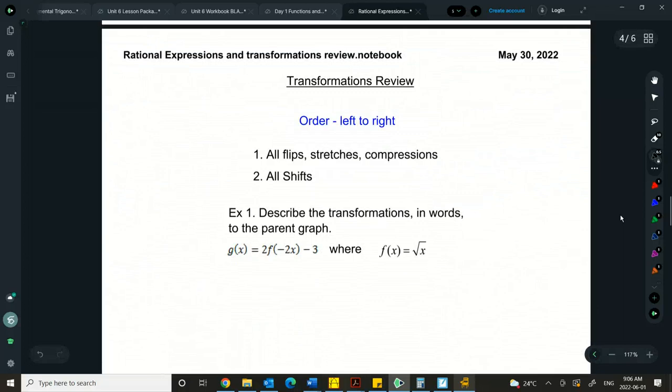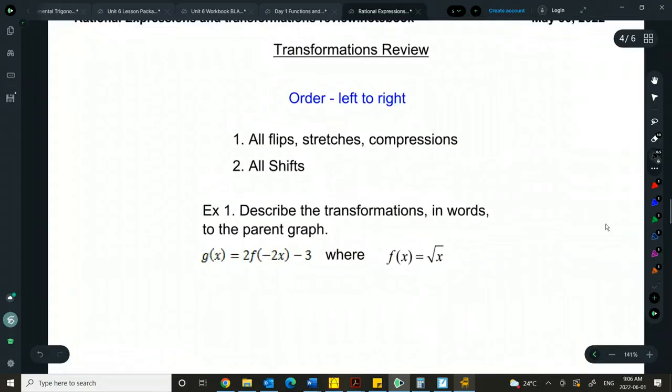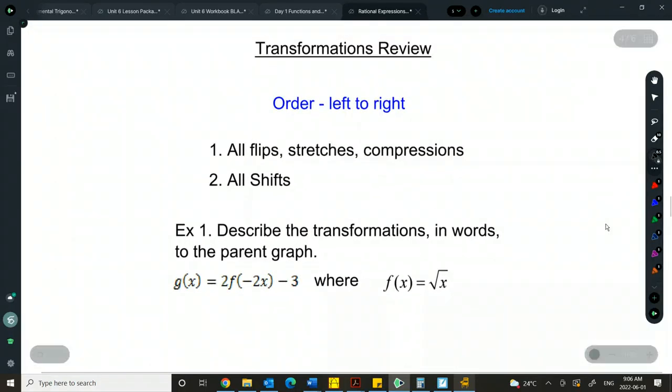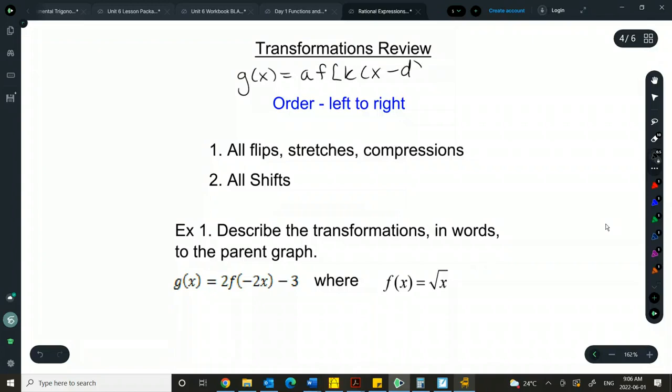Okay, and there is a specific order that we want to make sure that we do transformations in. We talked about in class that if I just go left to right with the transformations A, K, D, and then C, it will actually take care of the order of transformations for me. So we'll go A, and then K, and then we'll do the D and C transformations.